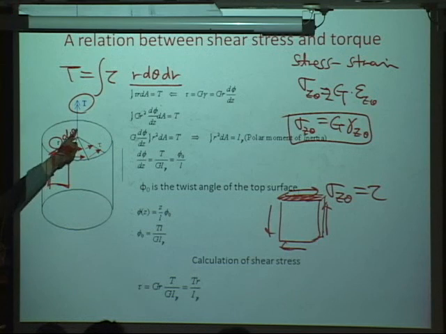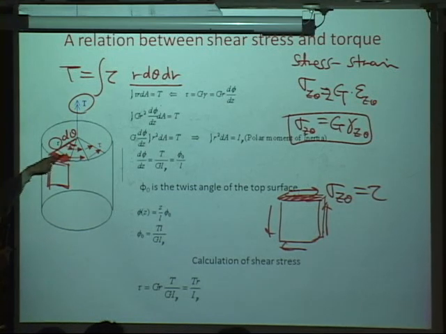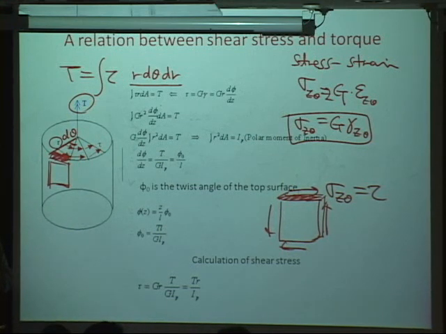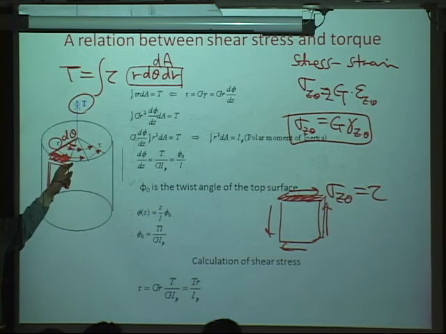R d theta is simply this length, and dr times it gives us this area, right? So tau times this dA is simply the force you apply, right?